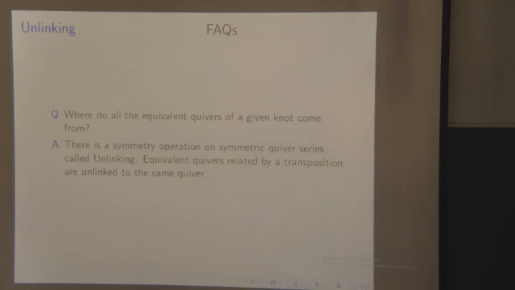So there is a symmetry operation acting entirely on these symmetric quivers. We don't really care about the knots. This holds for any quiver, whether it's associated to a knot or not, and the degeneracy of this operation manifests in the multitude of equivalent quivers for a given knot.